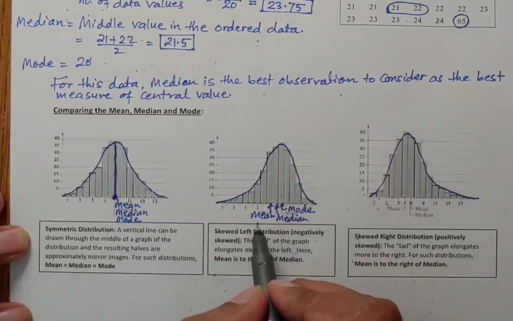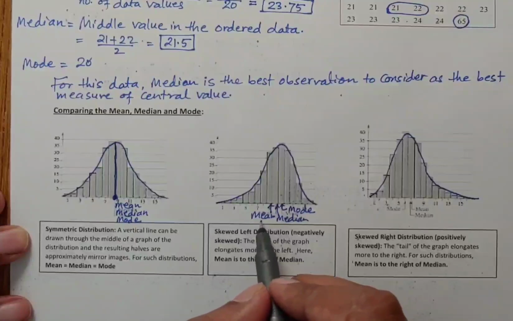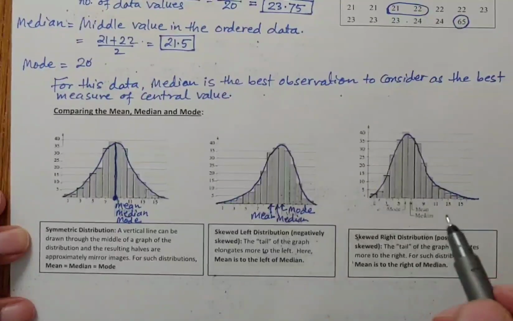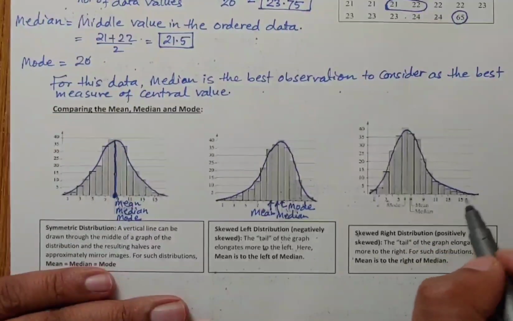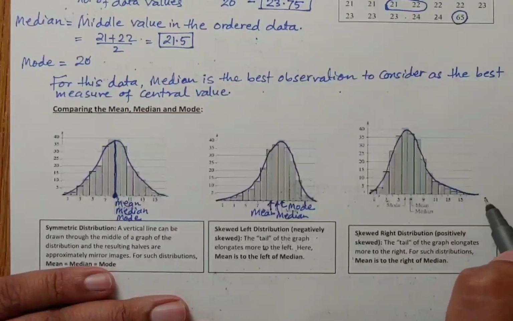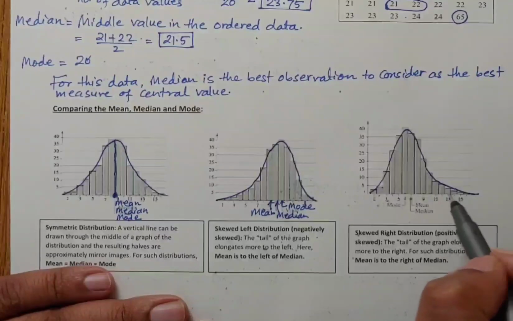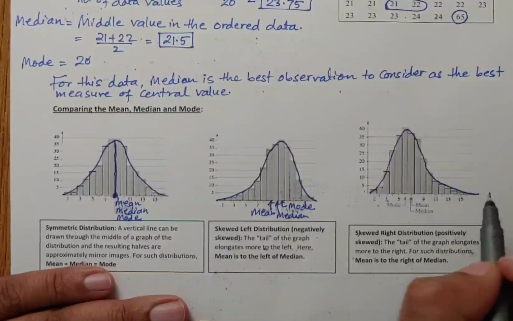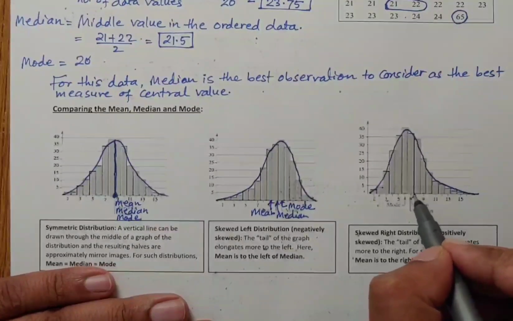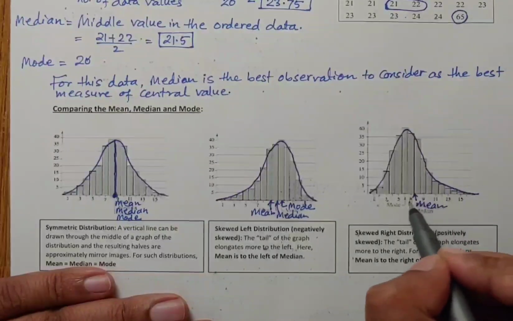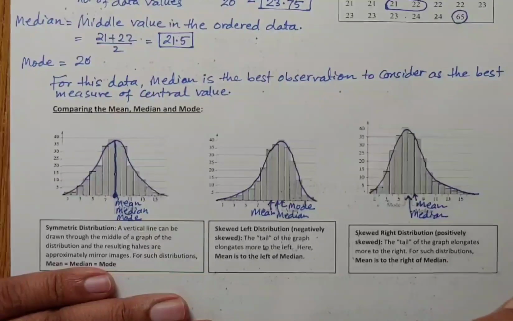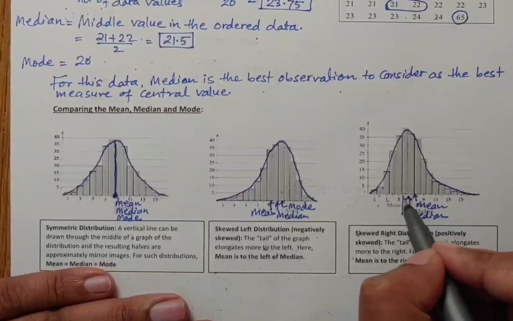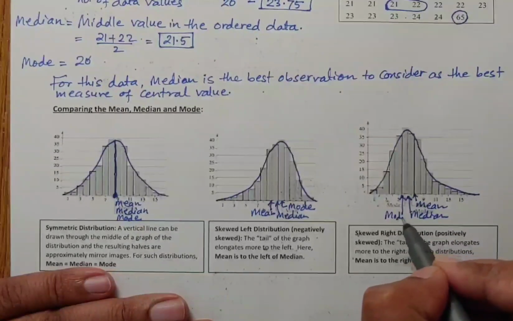If it is right skewed, then the mean is on the right side. Okay, so mean is always towards the tail. So we get the mean here, and then we get the median, and then we get the mode.